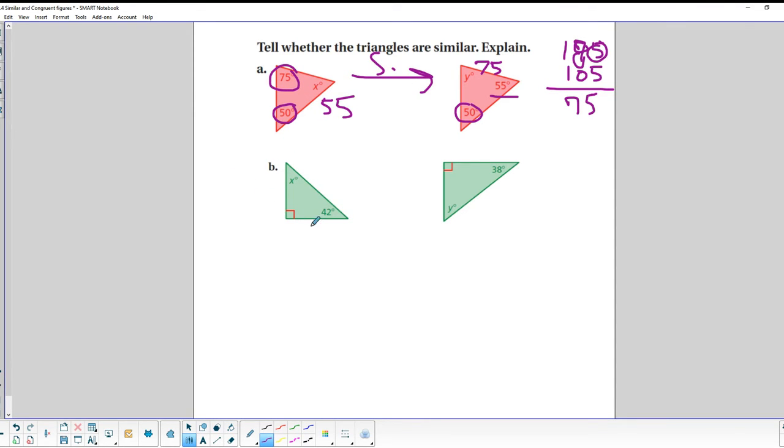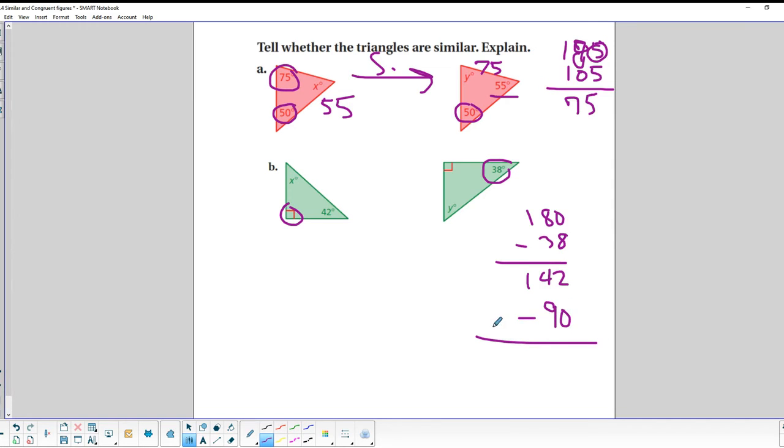How about these next two? Well, you've got your right angle, and you got a 38-degree angle. Let's see, what's 180 minus 38? Well, that would be 142. Now we're going to subtract off the 90 that we already know we have.